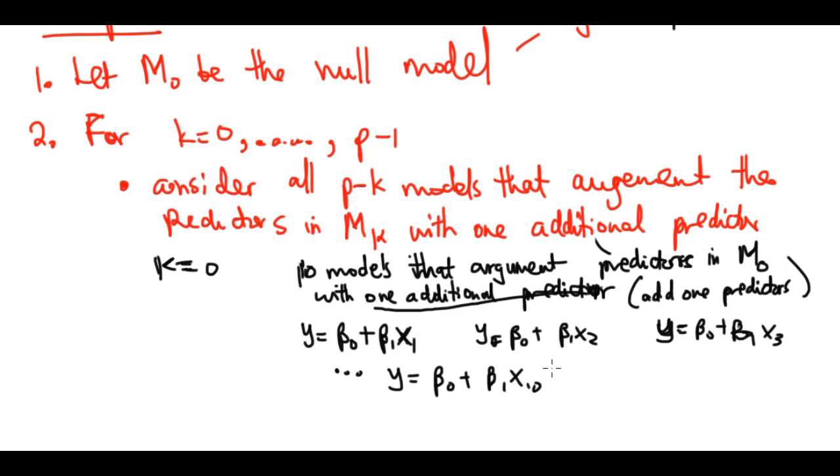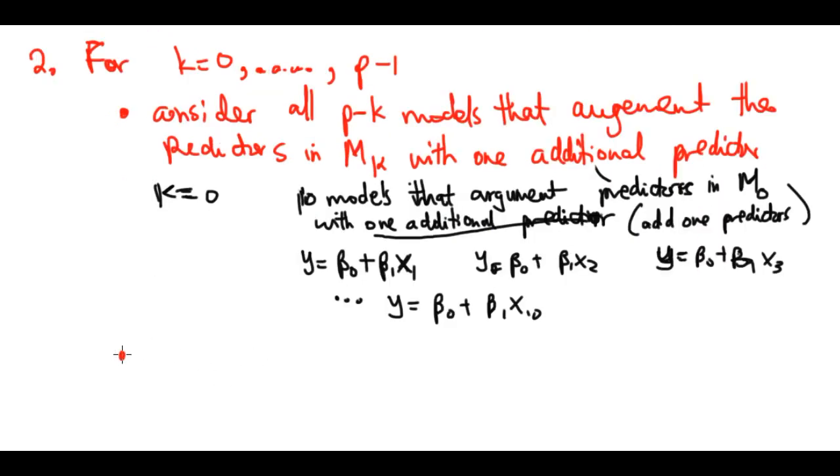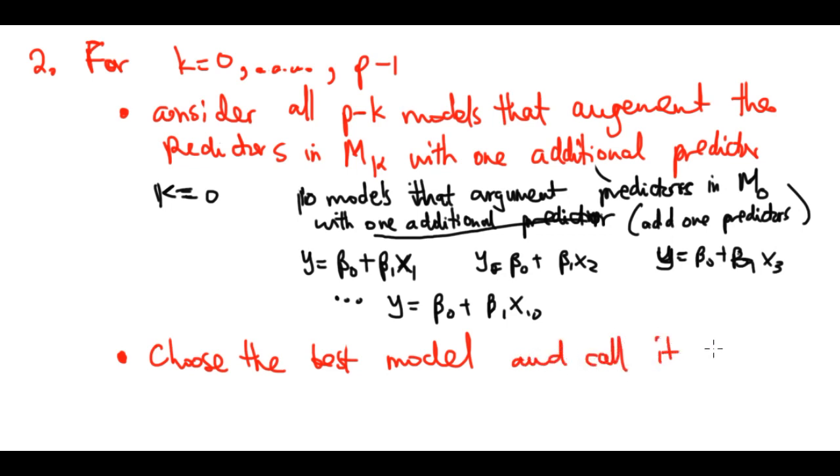And then after we've added that one additional predictor, we're still dealing with k equal to 0. We then choose the best model and call it M_{k+1}.